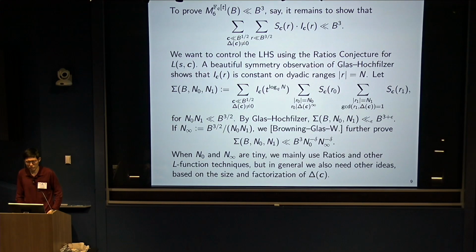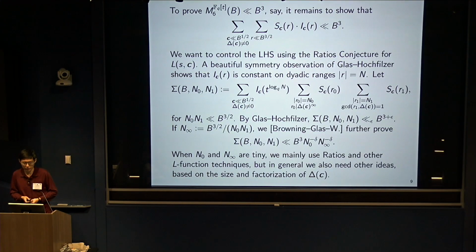Okay, so the point is, in the Glass and Hochfilzer work, they show that this dyadic sum sigma b n0, n1, when you fix the dyadic sums of R0 and R1, is of size b to the 3 plus epsilon.